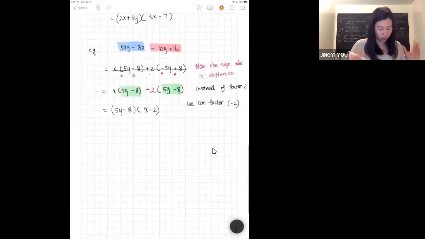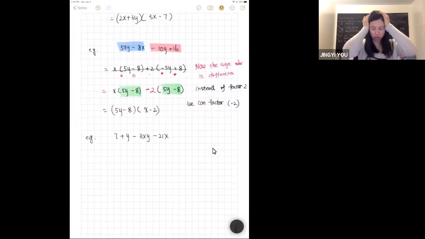Okay, so now let's do another example. If we can't see the common factor right away, such as 7 plus y minus 3xy minus 21x. If we do what we just did before, we group them.